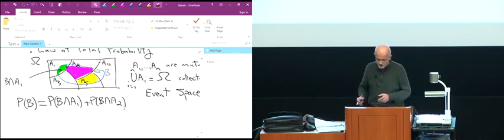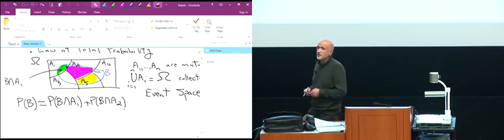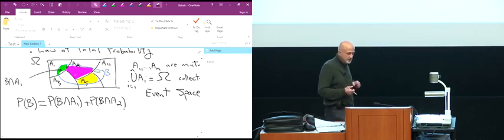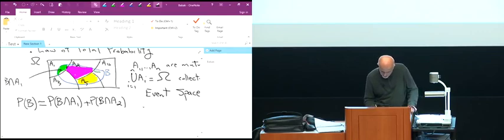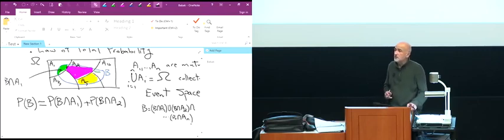In other words, I have partitioned the event B into a set of non-overlapping intersections. So, in other words, what I'm saying is B is the union of B intersect A1 and B intersect A2 and so on, up to B intersect An.